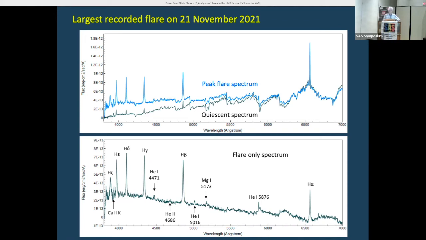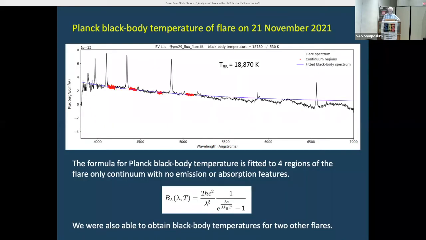So we're able to pick up emissions in wavelengths other than just the Balmer lines in really the more energetic of the spectra. And this is how we try to work out the black body temperature.